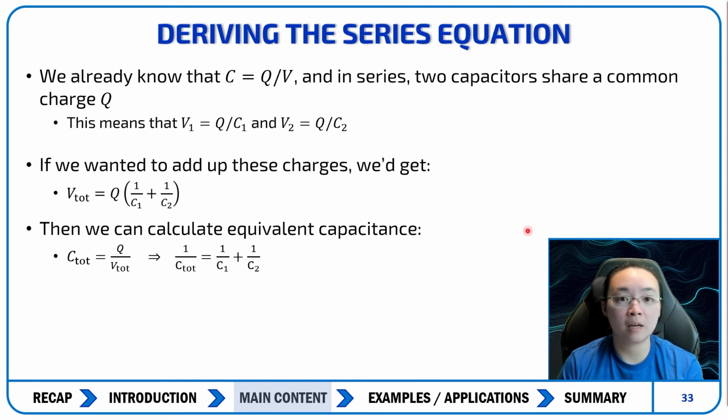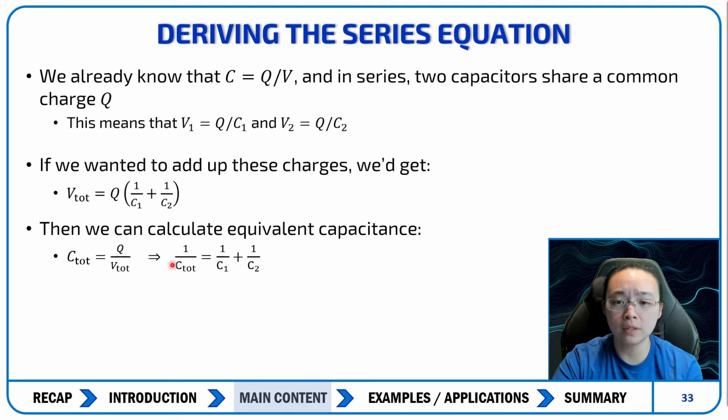Now we can add these two up to get the total potential. So we get V total equals Q times 1 over C1 plus 1 over C2. And then from that, we know that capacitance is equal to Q over V. Q is the same, but V is now V total. So we put that in the denominator.